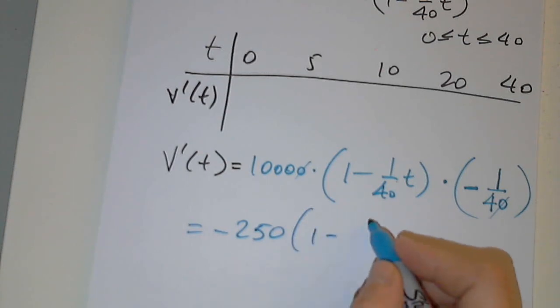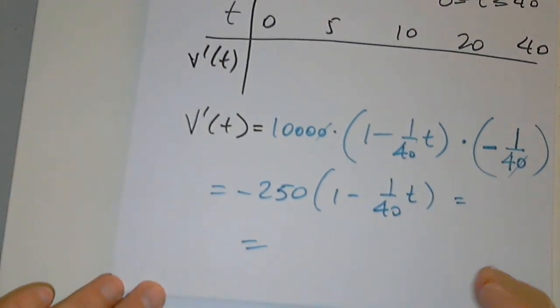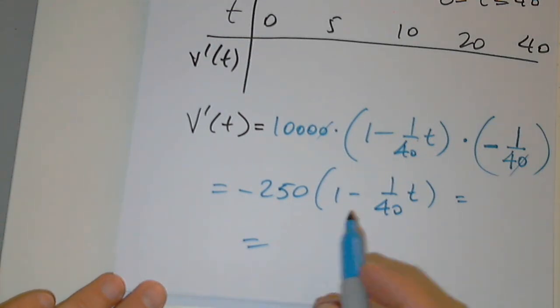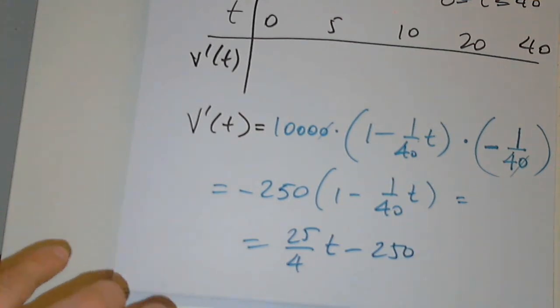And then I have 1 minus 1 over 40 t, and I want to present it in correct order. 25 over 4 t minus 250. I distributed negative 250 to negative 1 over 40, and I simplified it. It's positive now, 25 over 4, and then I distributed negative 250 to 1, and I get that.